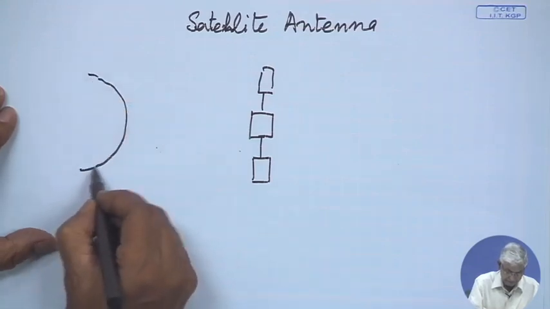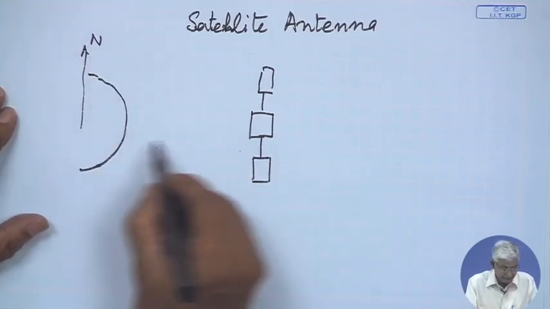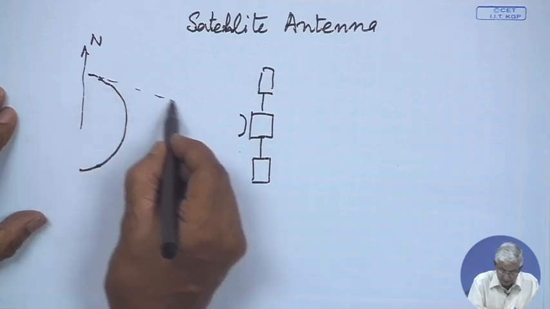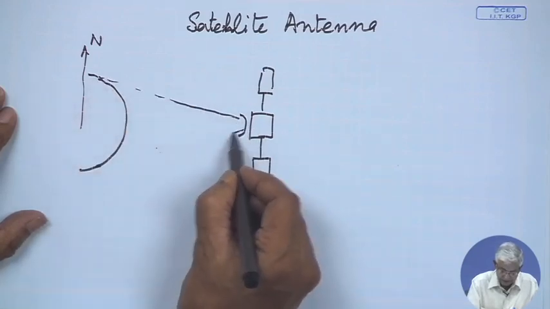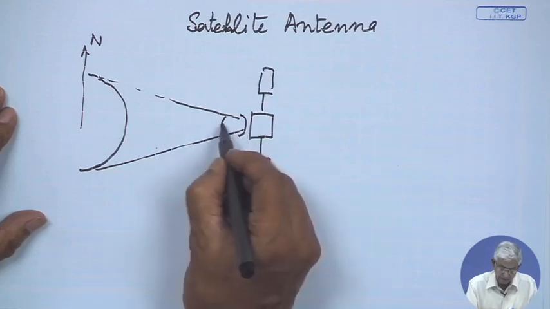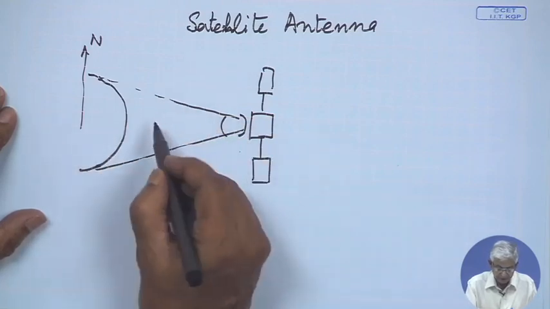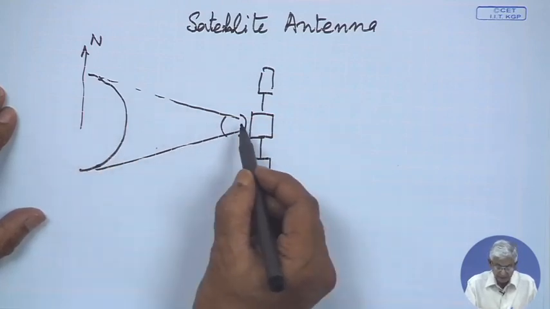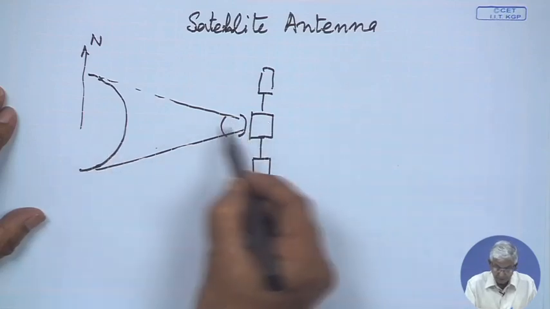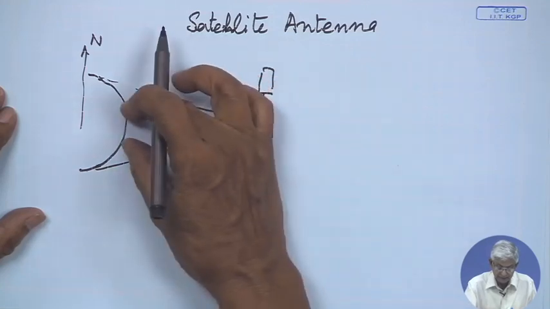Let us say this is the north part, and the satellite antenna is looking towards the ground. We have calculated that for a geostationary satellite, for a global beam, we have a beam of 17.4 degrees, which is the 3 dB beam width. If the beam is smaller than global, the purpose is still communication with earth. So, the satellite antenna is looking at the earth.